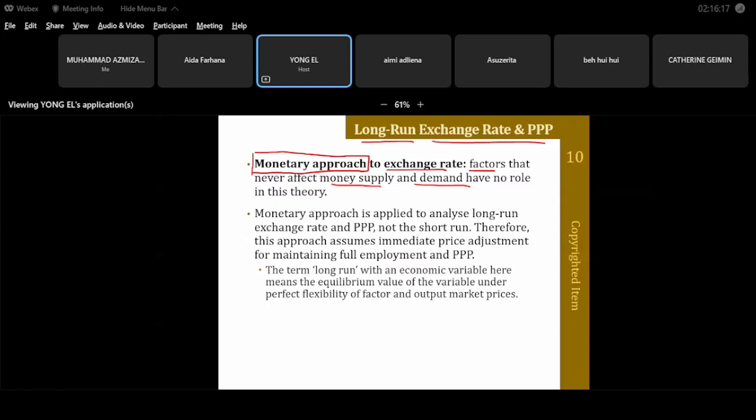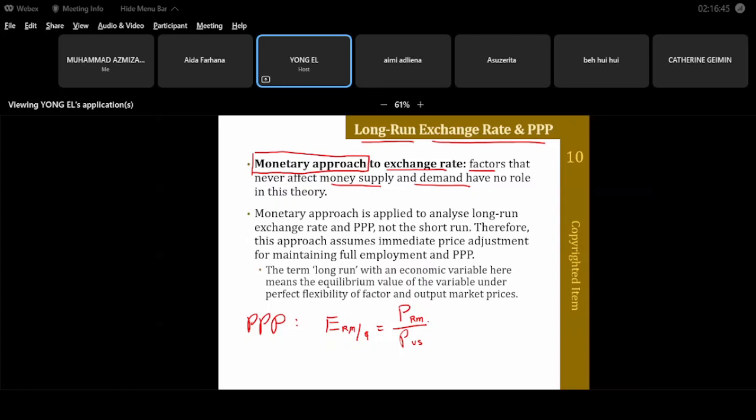What I'm trying to tell you here is very simple, actually. Applying the PPP equation, this is the price in Malaysian ringgit and the price in US dollar. This is PPP, and we know the exchange rate equals the price ratio.